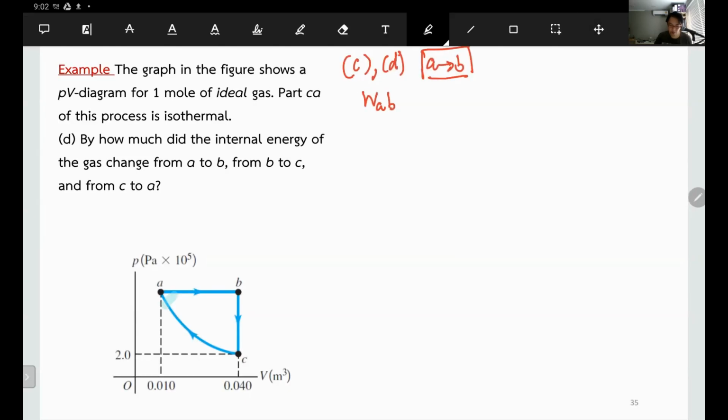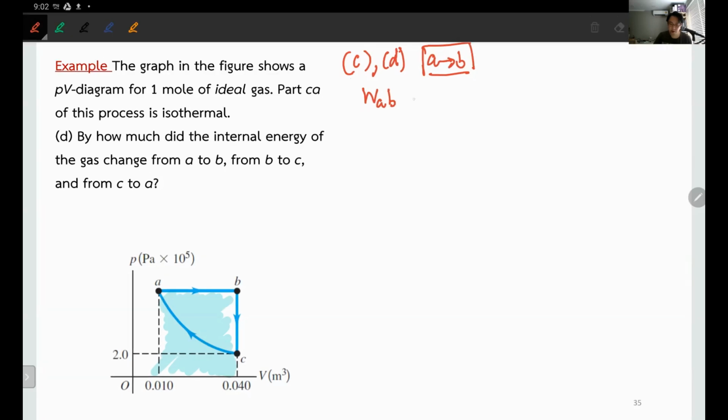So the work done from A to B is just area under the curve. So it's going to be the width times the height. And the width, we already said that this is 8.0. So it's going to be 8 times 10 raised to the 5th Pascal.